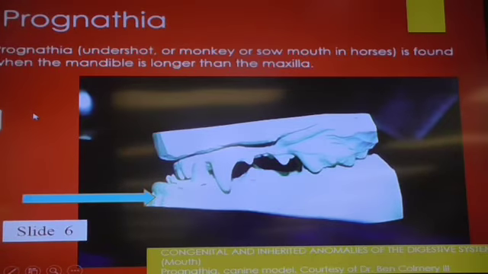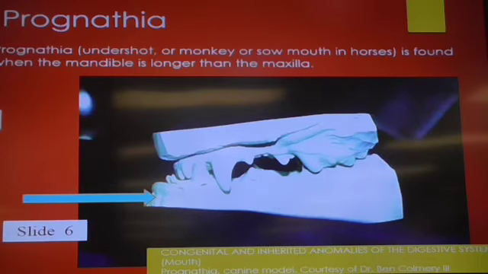And then there is the other term, prognathia, or also known as monkey mouth or saw mouth, especially we call that in horses, is when the mandible is longer than the maxilla. Now, can you see where this could be difficult to determine when we look at an animal?